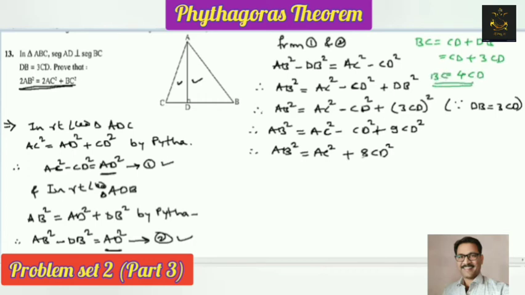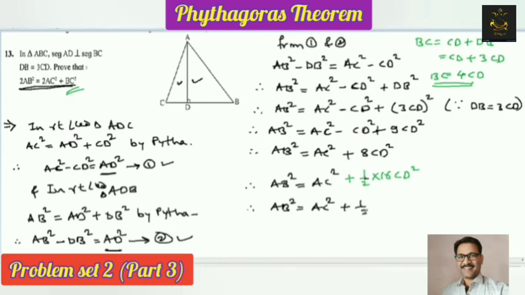Okay friends, now here 8 CD is there. We need 4 CD because we need here BC square. So here must be 16, but here only 8. That is why we'll make just change here. See how? Half into 16. Is it correct? Okay friends, look here. I am just making some adjustment. Here look, AB square is equal to AC square plus half into 16 CD square. So it becomes what? 8 CD square. Okay, so because of that reason what we'll get?